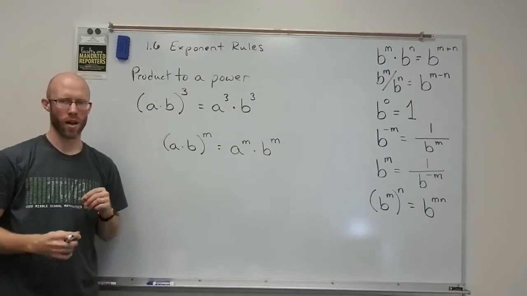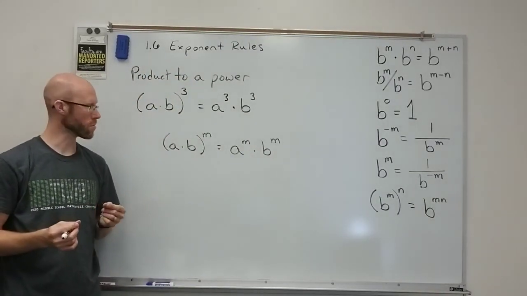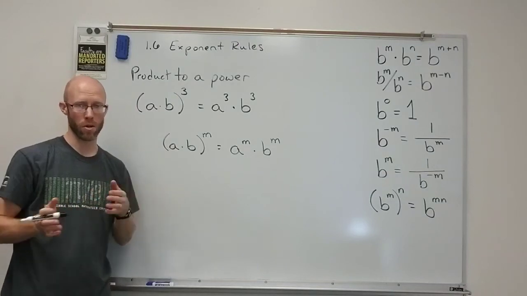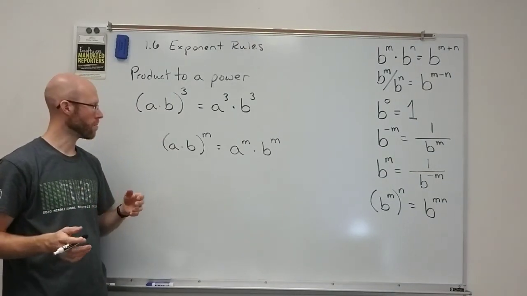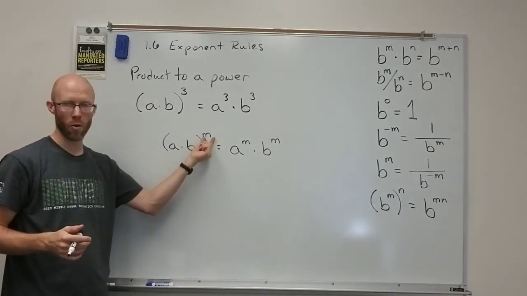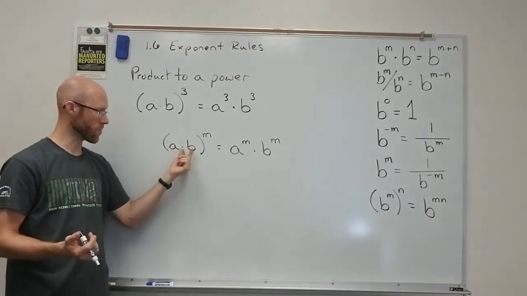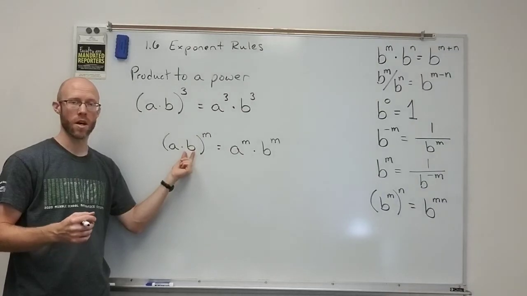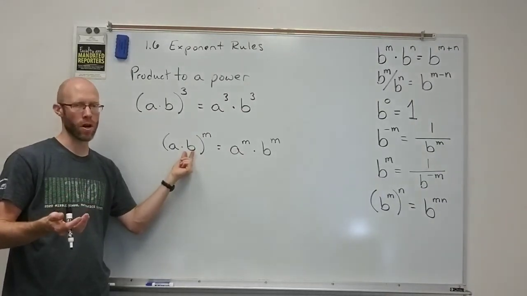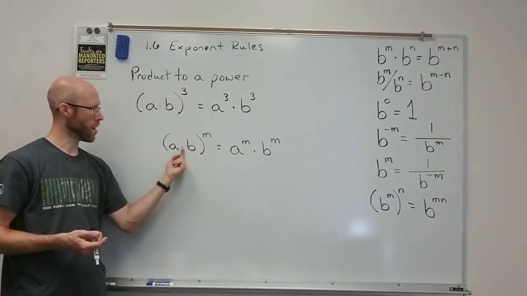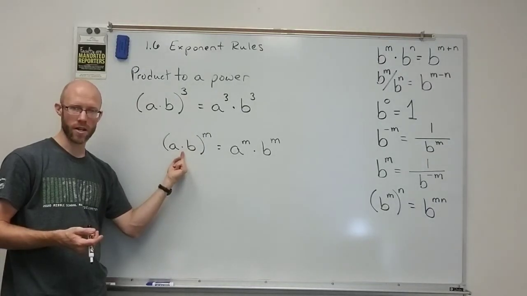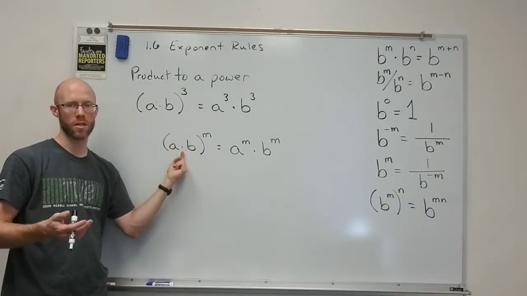So it kind of works in a similar way to the distributive property for multiplication. So essentially this power, in a sense, distributes or applies to each of the factors in the parentheses. Don't confuse this with distributive property in the sense that the operation is different, right?